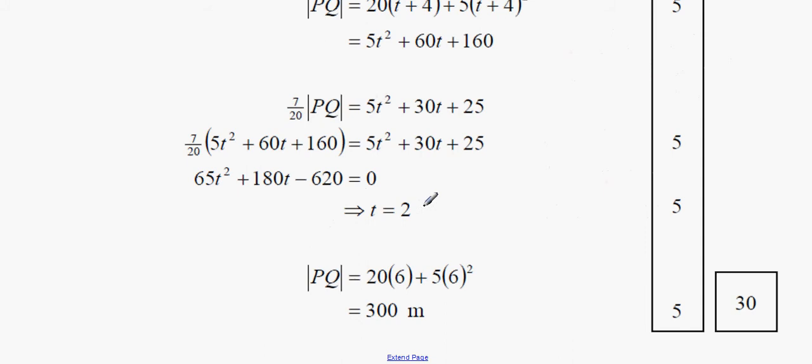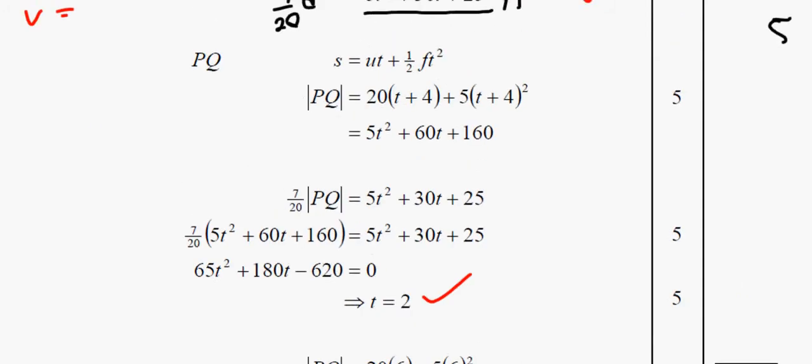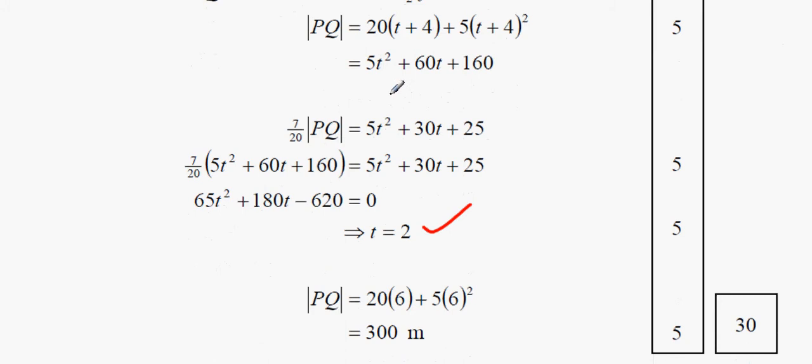Now, once we know that, what we had to do next was find the entire distance of PQ. So we know the time is 2, which is perfect. We have the equation for the full distance of PQ: 5t squared plus 60t plus 160.